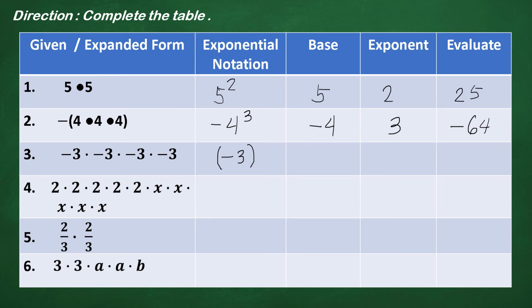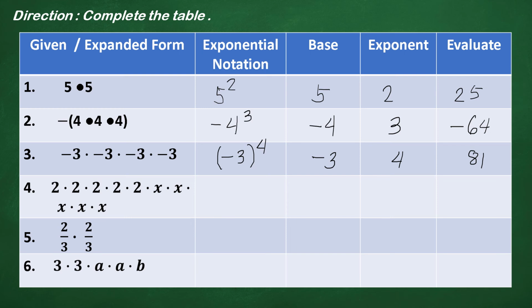Then, 4 na beses na ginamit si negative 3 as a base, we're going to write 4 as the exponent. So, we have quantity negative 3 to the 4th power. So, our base will be negative 3 and our exponent is 4. If we're going to evaluate, negative 3 times negative 3 times negative 3 times negative 3 is positive 81.